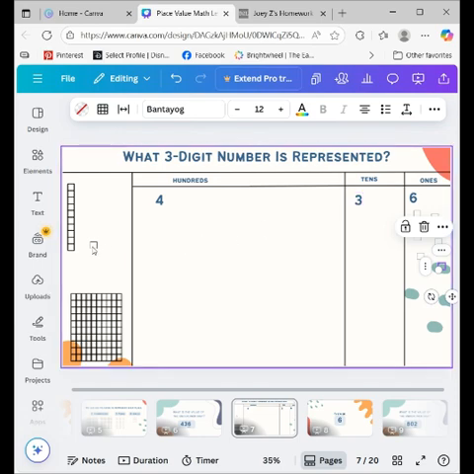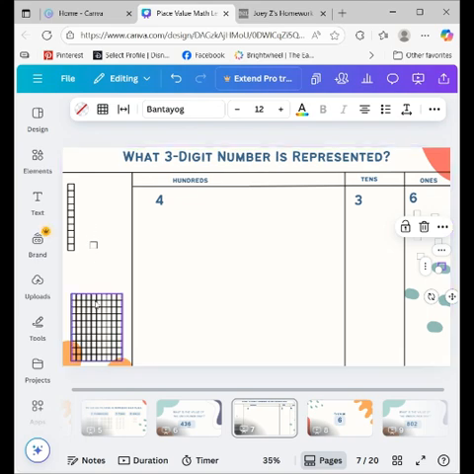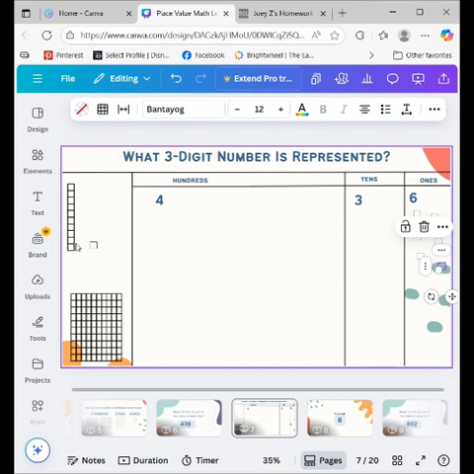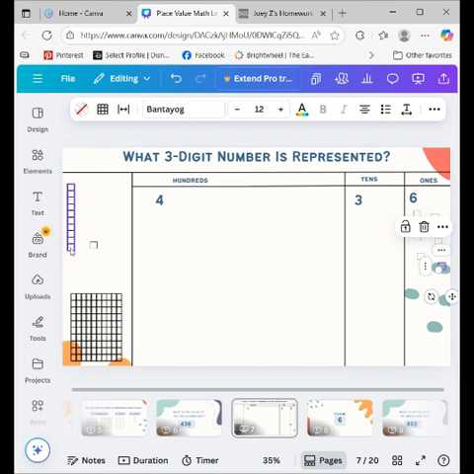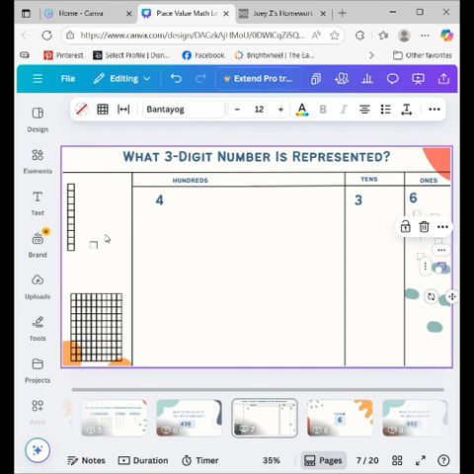Now if you don't remember, we can figure out which one of these two are the tens. Because we know this is the ones because it's just one individual square. So to find out which one of these is the tens, we can count the smaller one instead of the larger one, to do process of elimination.